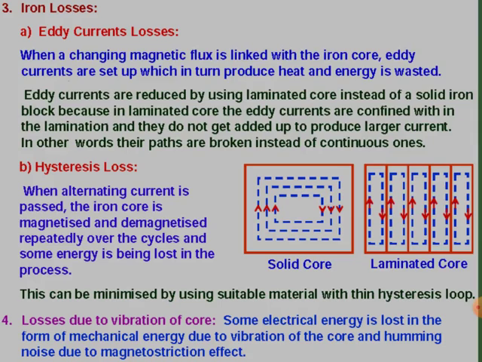So whenever a conductor of large dimension is subjected to changing magnetic flux, induced EMF is developed, and due to that induced EMF, induced current is set up to flow in that conductor itself.